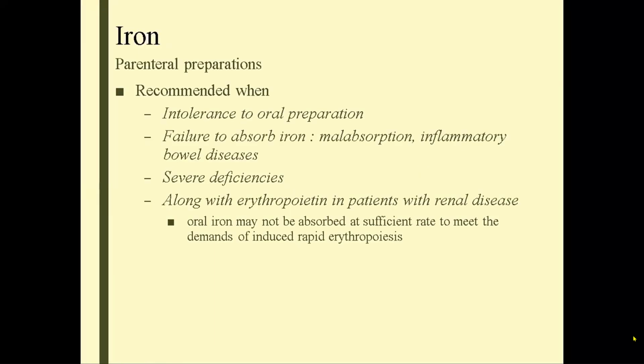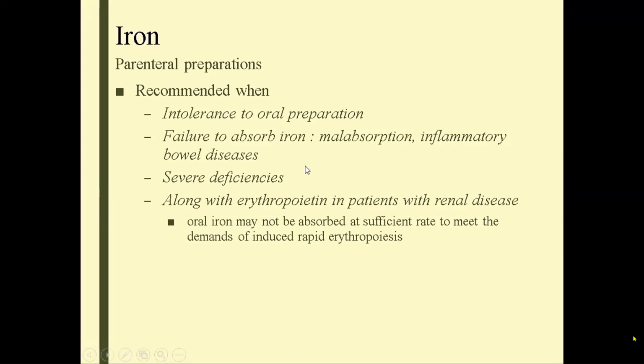Okay, so parenteral preparations. Now, I told you parenteral preparations are recommended only in certain situations, certain conditions, like intolerance to oral iron preparations. The patient has major adverse effects like severe gastritis, cannot tolerate it, and may have to go for parenteral preparations.